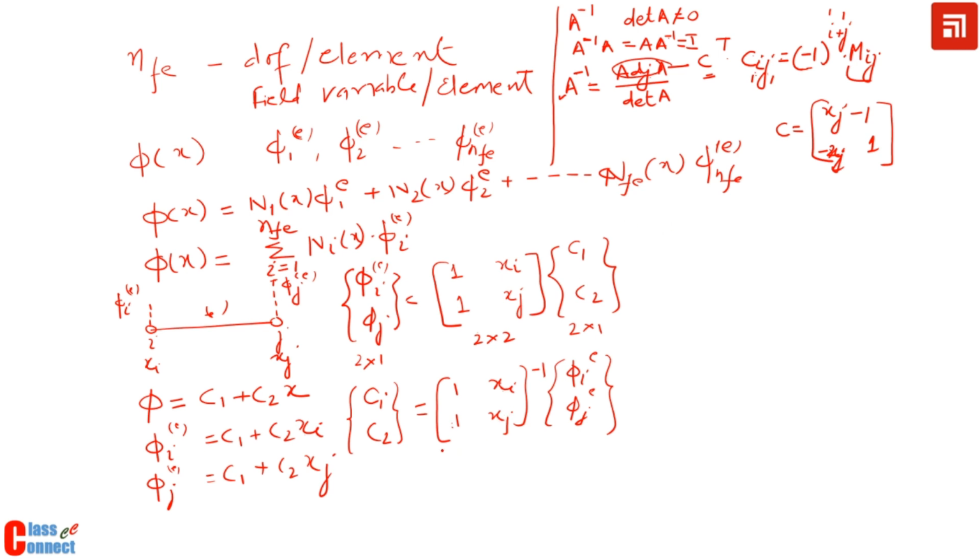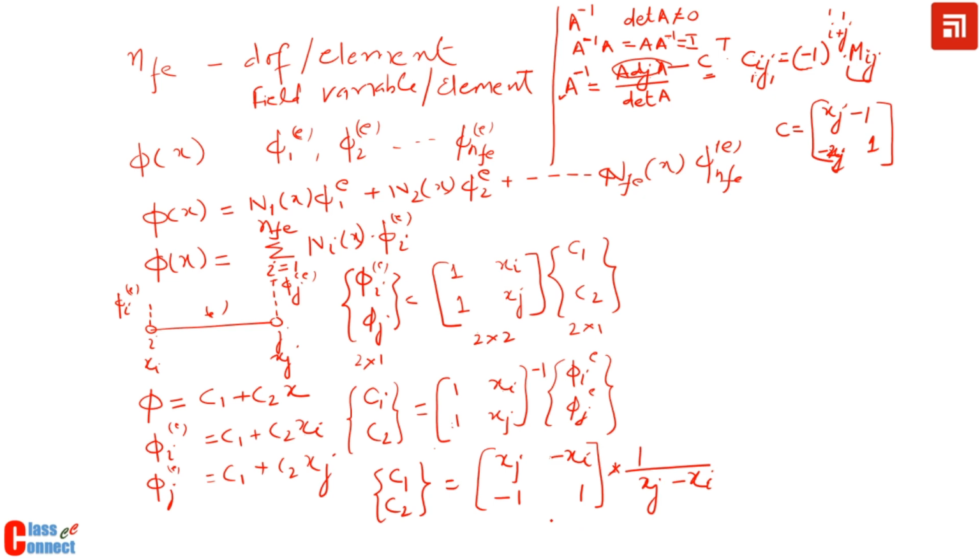The transpose of this would be the adjoint A, so it means the inverse of this matrix. Now I can write the matrix expression C1 C2 is equal to the inverse of this, given by xj, minus xi, minus 1, 1, taking the transpose of this, divided by the determinant of this matrix, which is equal to xj minus xi.